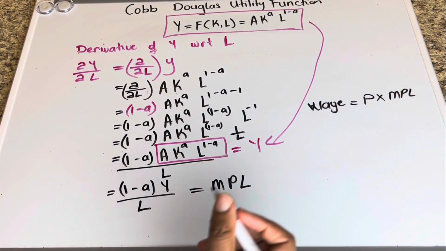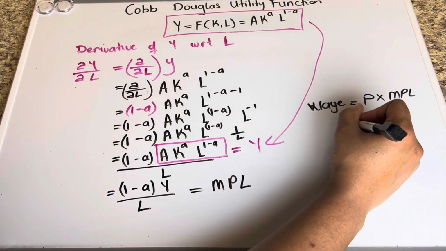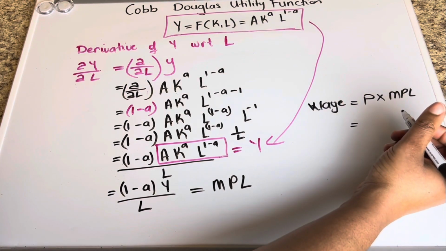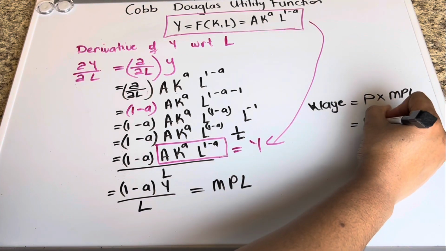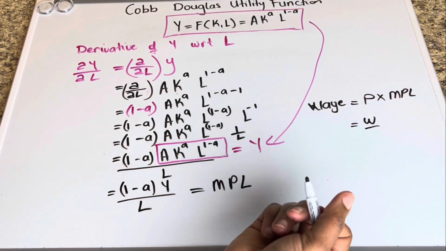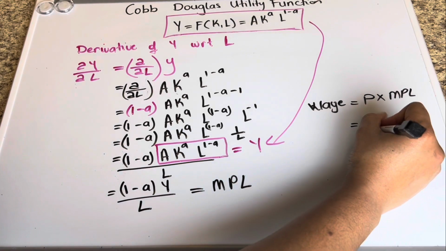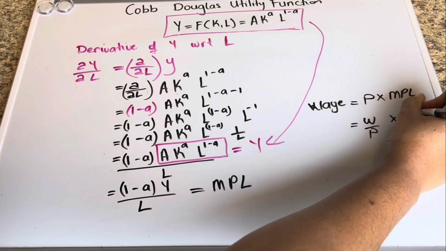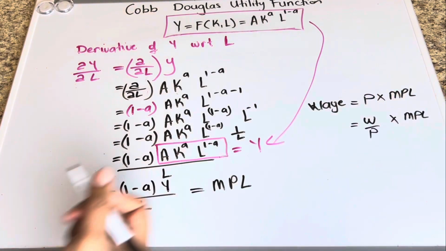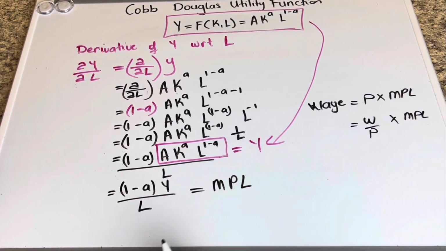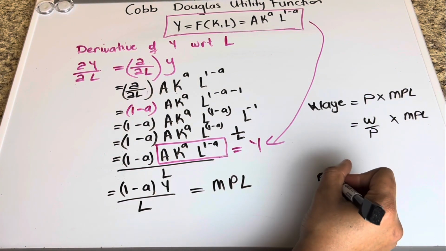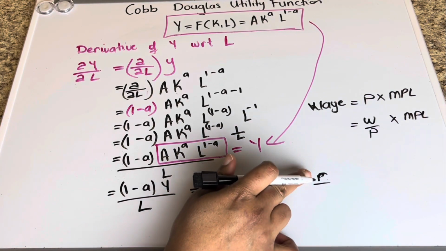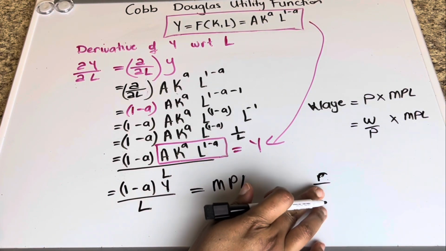Real wage would be equal to W, what is W? Wage over price times the MPL. And before, when we did the capital, I didn't mention that the R that we had was the rental rate. So bear that in mind.